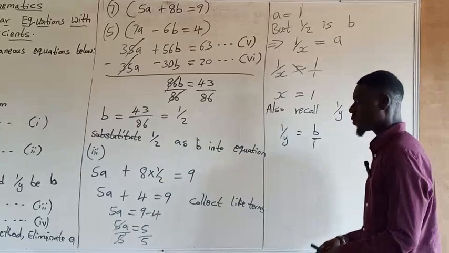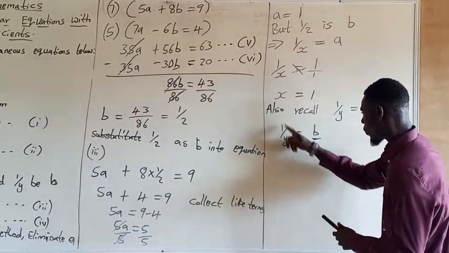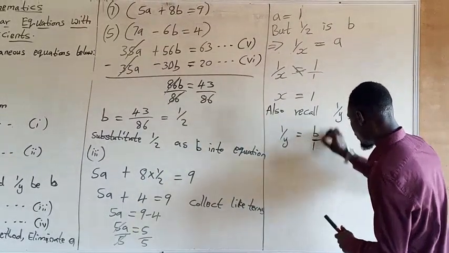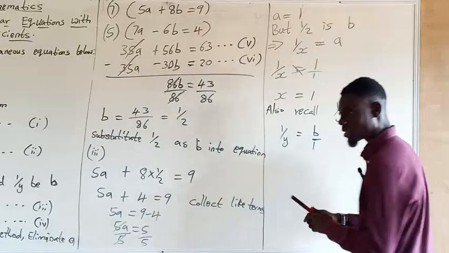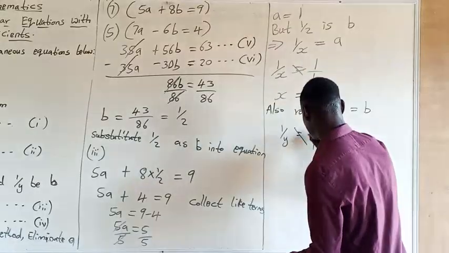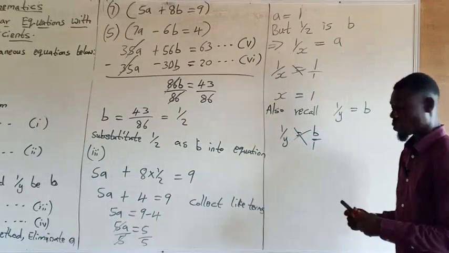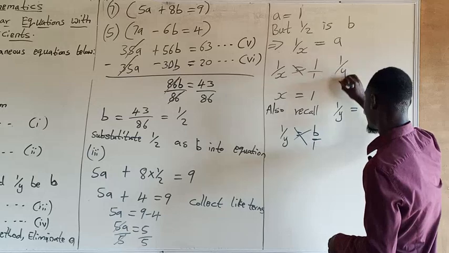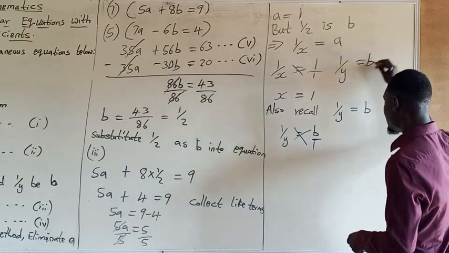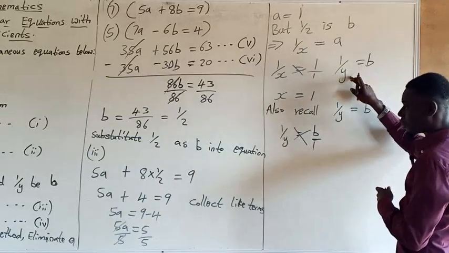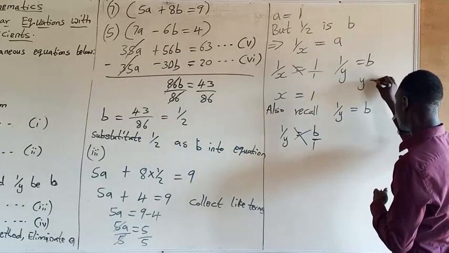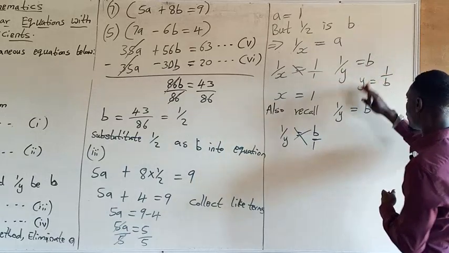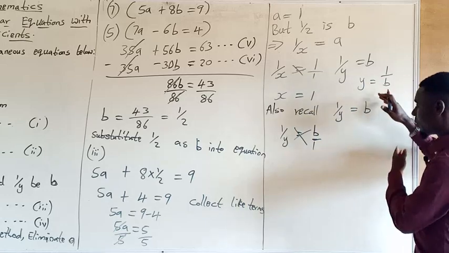Okay, so like where we are now, 1 over y is equals to b. Now we want to make y subject of the formula. What do we do? We cross multiply. Now we can even use another method, the swapping method, whereby 1 over y is equals to b, is the same thing in swapping, making y subject of the formula. I can still have y is equals to 1 over b, but I don't want to use this pattern because you might not understand.